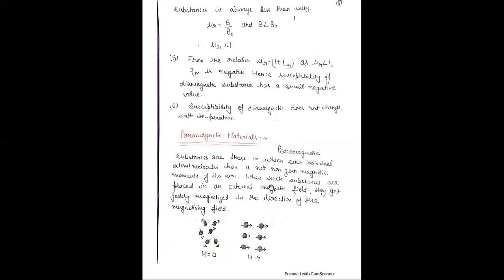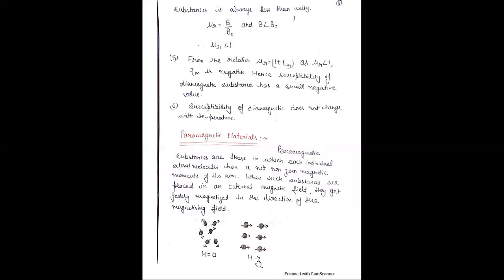When such a material is placed in an external magnetic field, it gets feebly magnetized in the direction of the magnetic field. In a paramagnetic material, the atoms have a net non-zero magnetic moment, but it points randomly in any direction without a magnetic field.